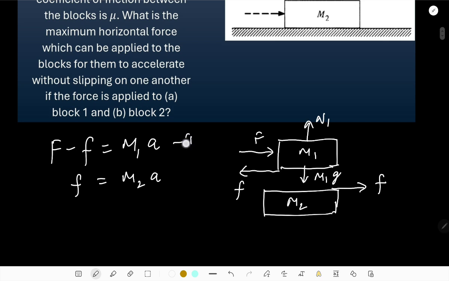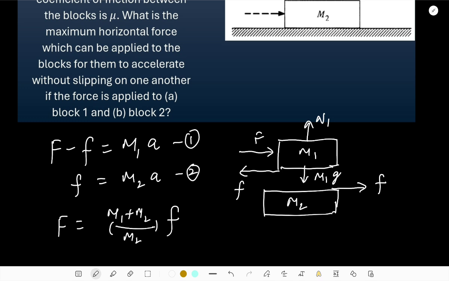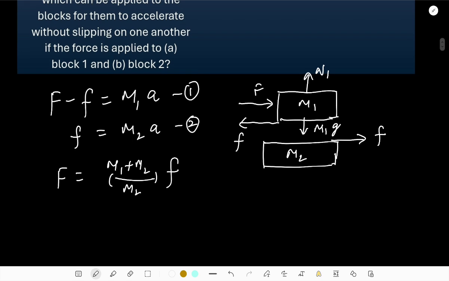If I number the equations 1 and 2 and add both, I get the value of f, which is simply equal to m2 divided by m1 plus m2 multiplied by F. That's all. And I remember f is the force of static friction acting between m1 and m2.